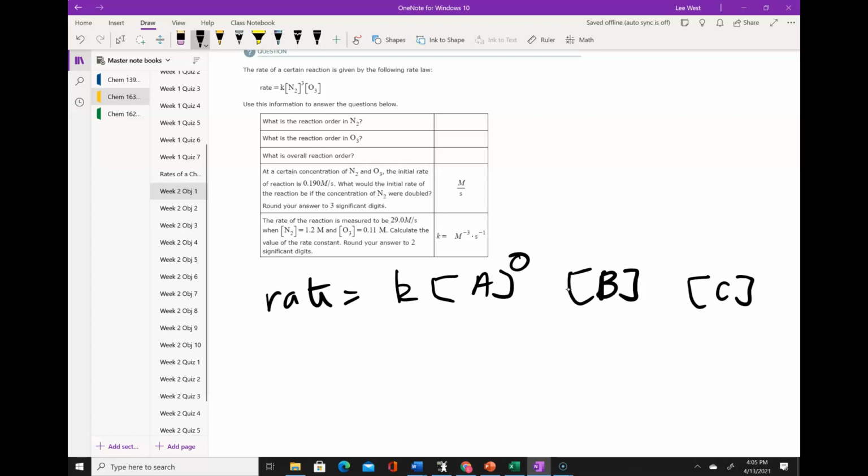So for example, if it is 0 order, A to the 0 is just the same as 1. It means that the concentration of A doesn't affect the rate of the reaction at all. If it is second order, it means that every time you change the concentration of your reactant by some factor x, the rate will increase by x squared.